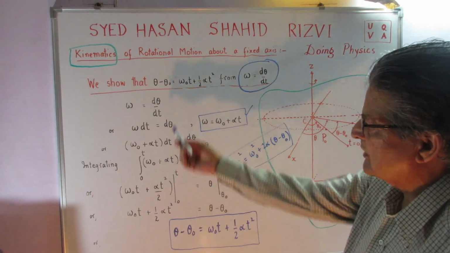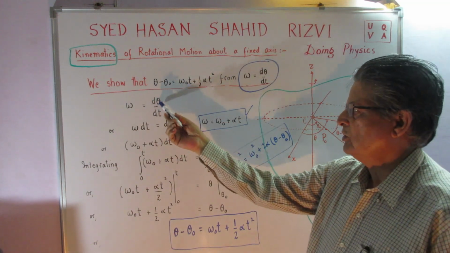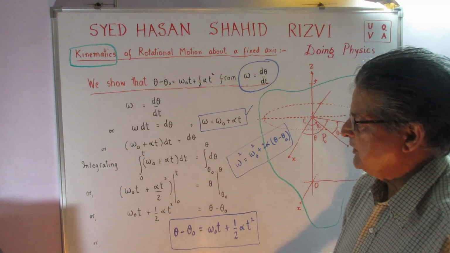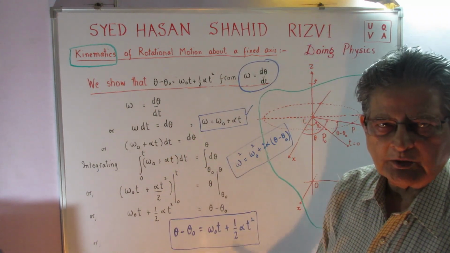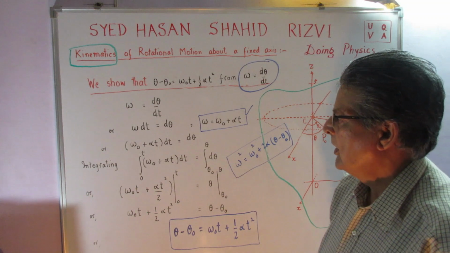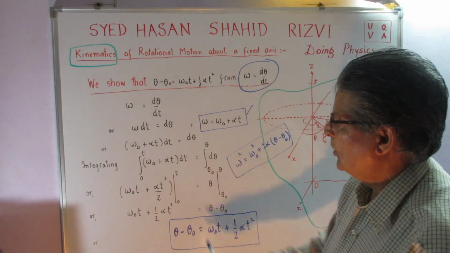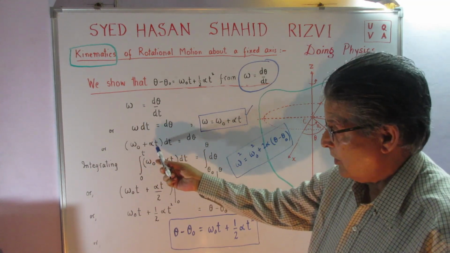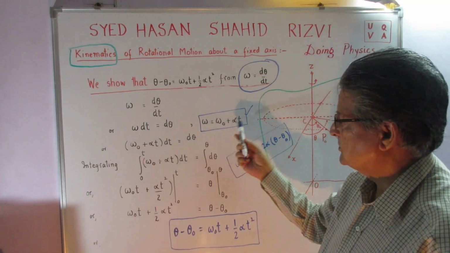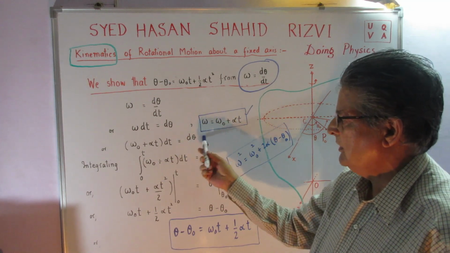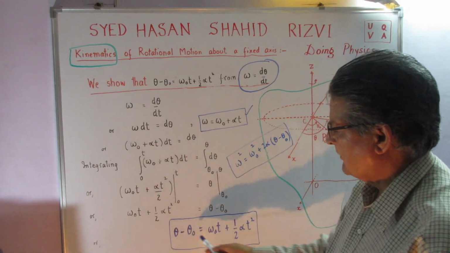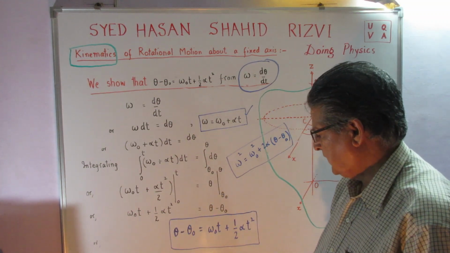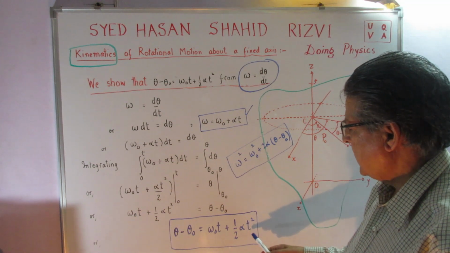I'll just tell you, in translation motion this velocity is equal to dx dt, so this v into dt turns out to be equal to dx, so v naught plus alpha t, at dt, because that will be a relation that will substitute here, and then ultimately what I get is x minus x naught is equal to v naught t plus half at square.